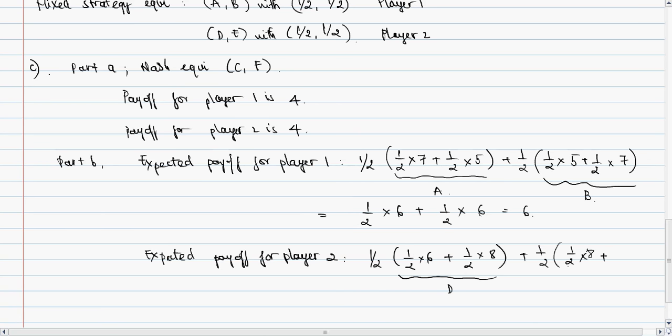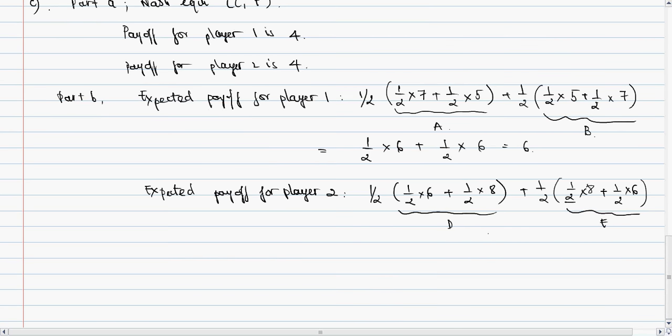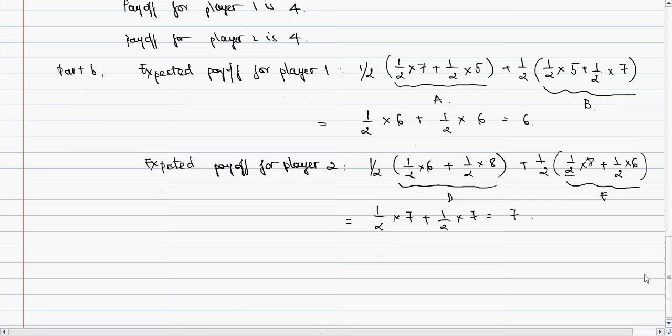So basically half of the chance player 1 is playing A, and player 2 will get 8 by playing E, and half of the chance player 1 will be playing B, and player 2 will get 6 by playing E. So this is the payoff for player 2 if he is playing E, and therefore the expected payoff for player 2 will be half multiplied by 7 plus half multiplied by 7, and that will just give you 7 for the expected payoff for player 2.